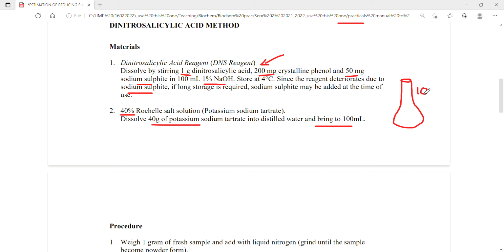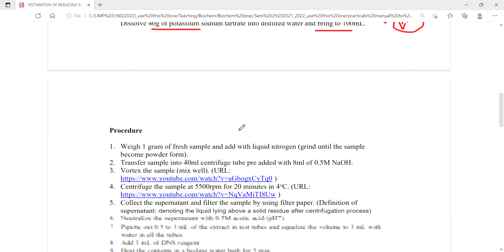You add the 40 gram weight, and then add water until the level indicates 100 ml, then cover with a stopper and tilt it upside down many times until it is dissolved. So this is how we prepare the solutions.